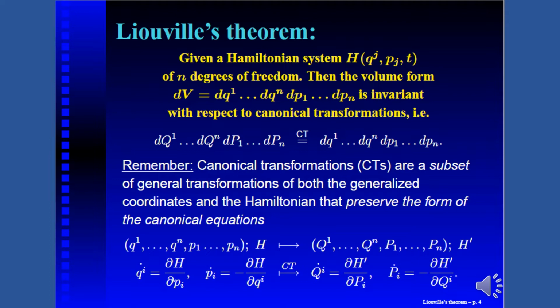So dq1 ... dqn dp1 ... dpn for the new coordinate system, from old to new, equals the old one under the canonical transformation.